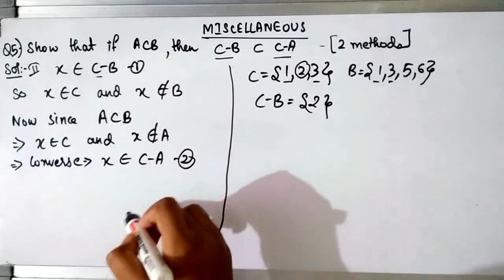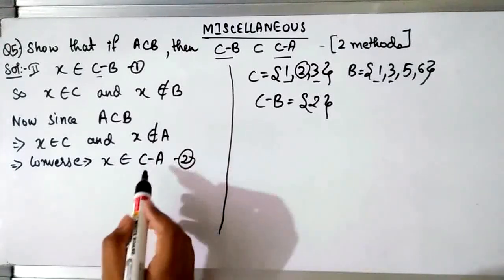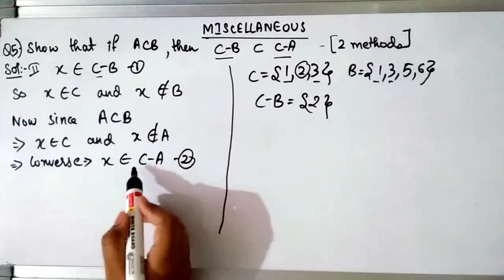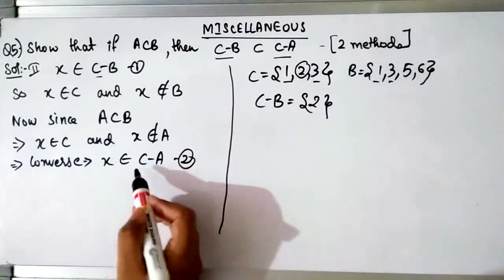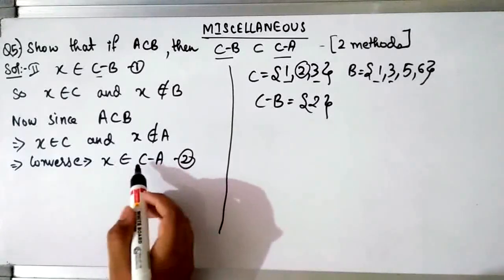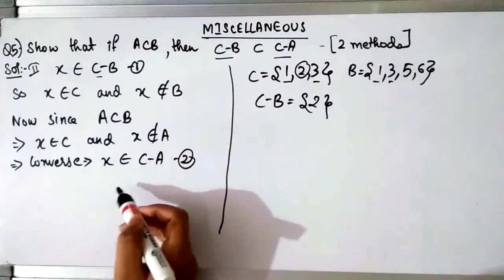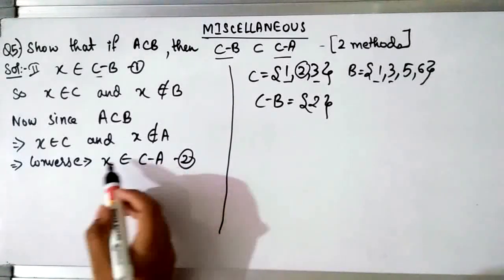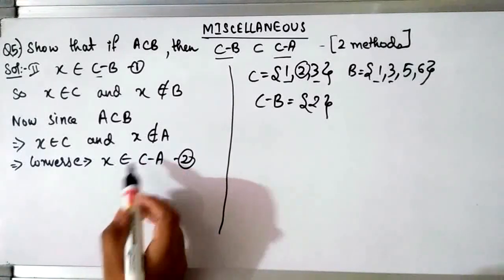Now if you see X belongs to C minus A, how I took it is: when you do C minus A, you take the common elements of both C and A, and then you subtract those common elements from set C and write the leftover elements of set C. Now in such a situation, X will belong to those leftover elements.